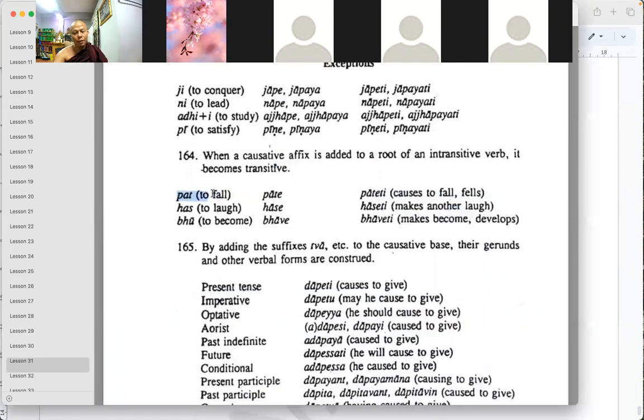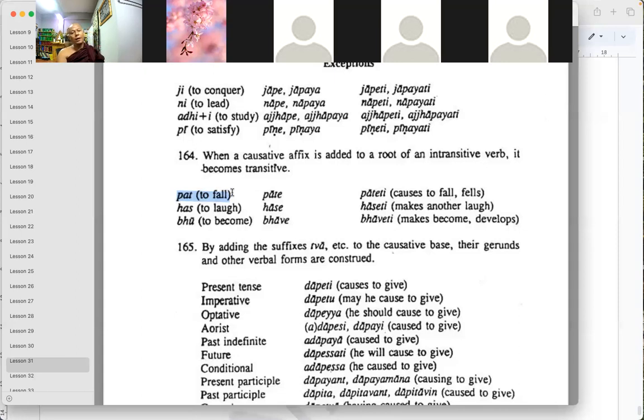So the root bat is to fall, like the roll call badeti. So roll call badeti. Okay. Roll call badeti. But badeti means maybe the wind causes the tree to fall down in this way. Badeti, to fall down, to fall, causes to fall.